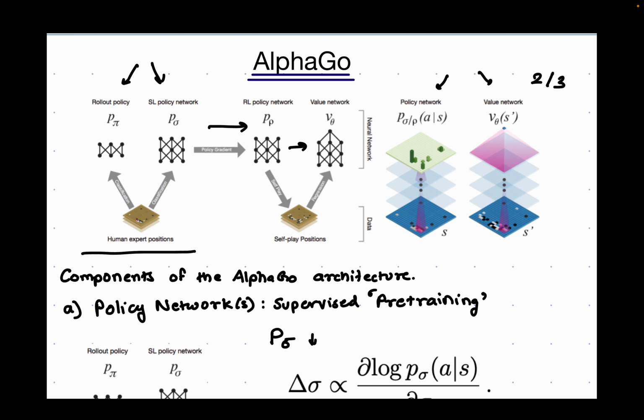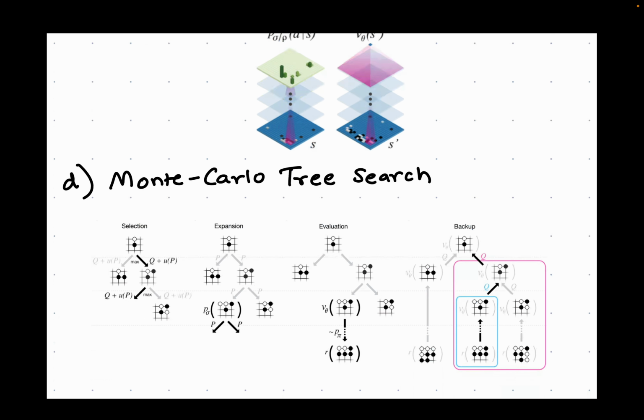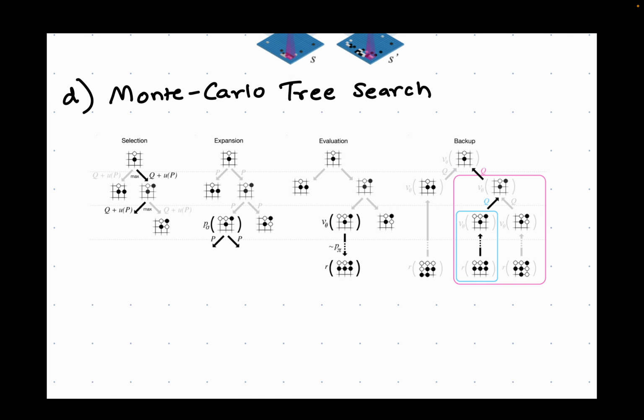The third component is actually used online, that is in game. It's called Monte Carlo tree search. The execution basically looks like this, but we'll discuss in detail what this is used for.